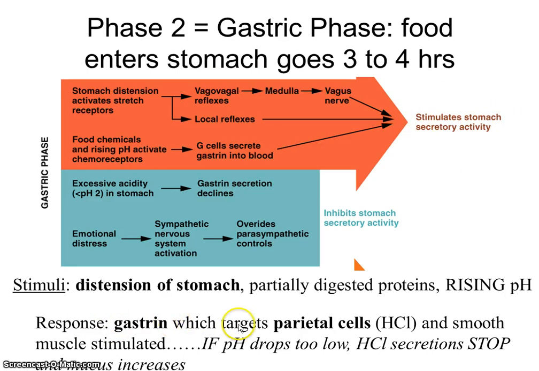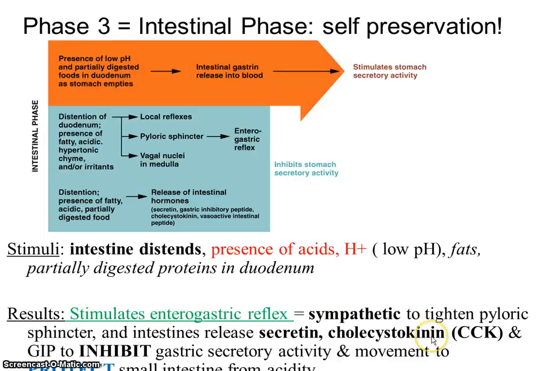Gastrin is directing most of that, which targets the parietal cells to keep on making hydrochloric acid and bring that pH down. Smooth muscle is stimulated, and if the pH drops too low, excessive acidity, then gastrin secretion stops, and then you stop making hydrochloric acid.